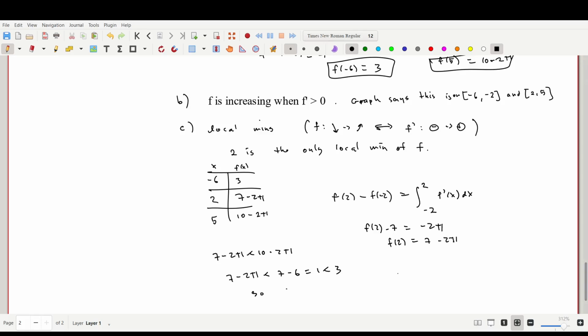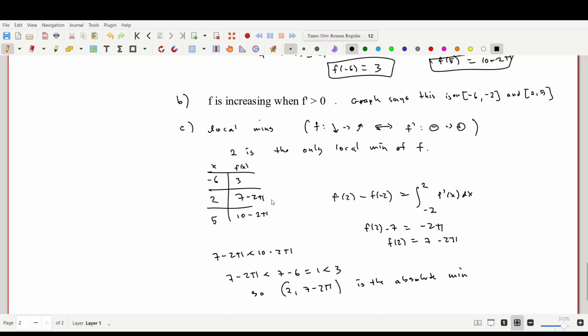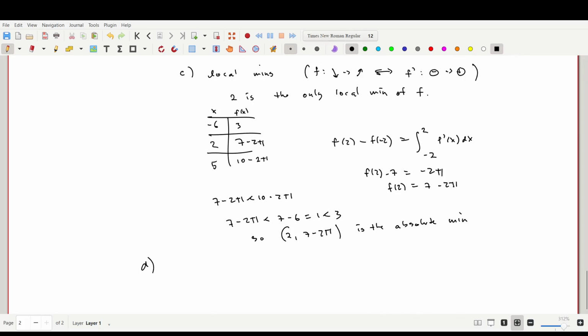So 7 minus 2 pi is the absolute min. All right, justification is basically the table I'm making and talking about only one local min.